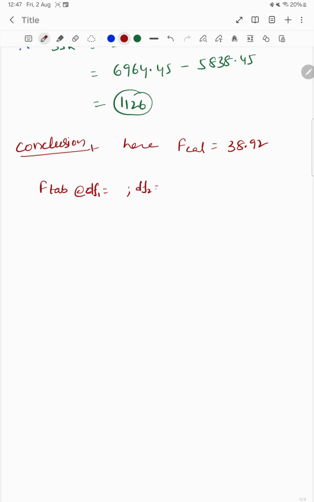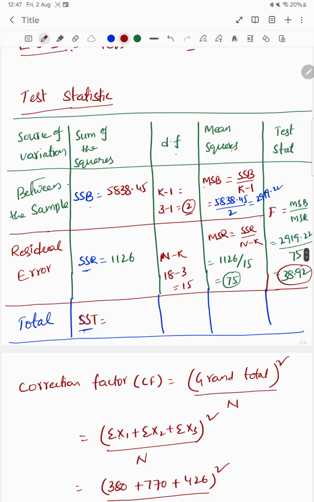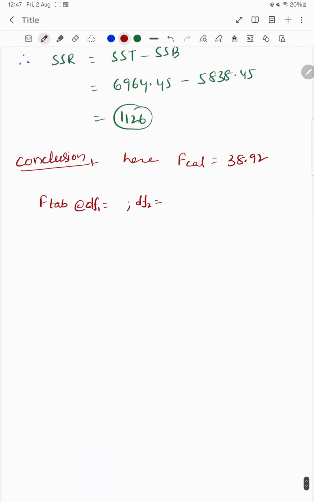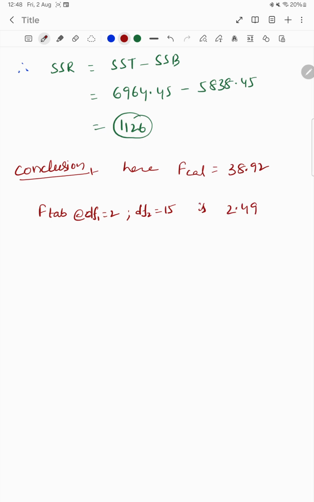Here df1 is equal to 2 and df2 is equal to 15. From the table, F tab for df1 equal to 2 and df2 equal to 15 is 2.49.